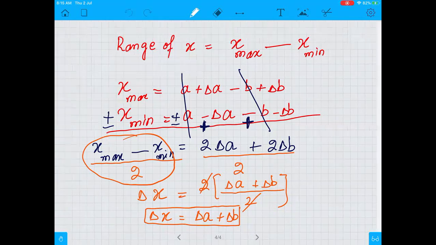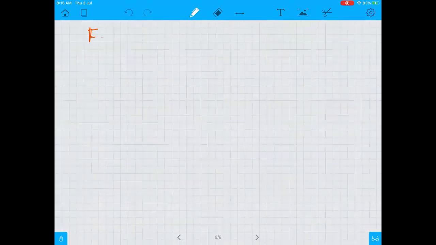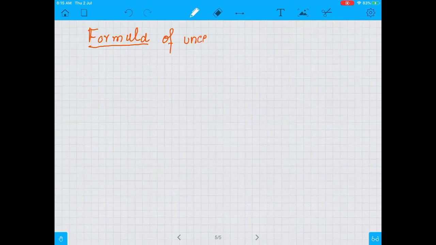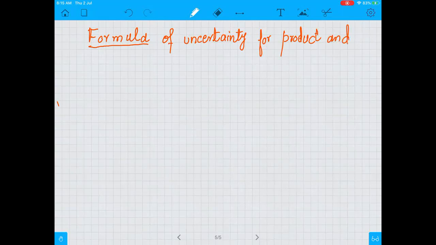Now let's go with product and division. Formula of uncertainty for product and division.